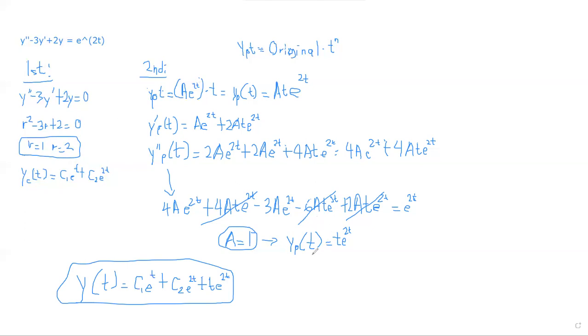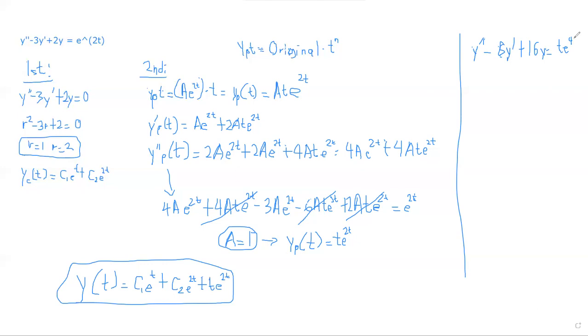And that is it. So if you do one more example, I won't do the whole thing. So if you had something like y'' - 8y' + 16y = t e^(4t).